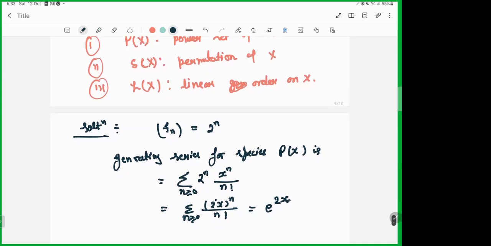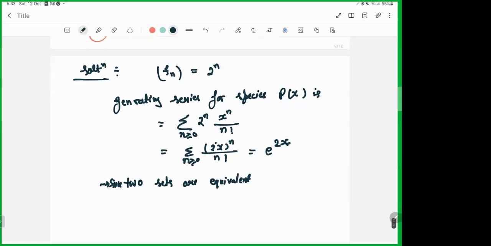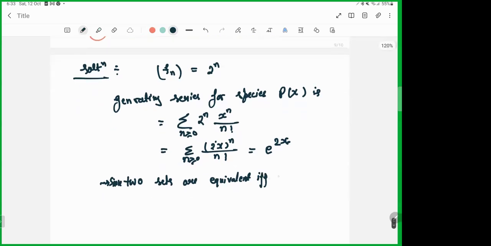Two sets are equivalent if and only if they have the same cardinality.